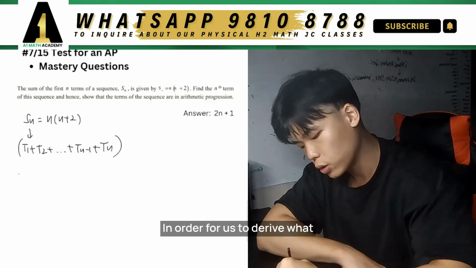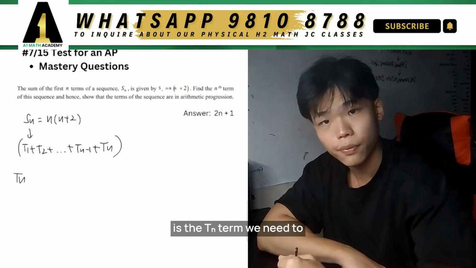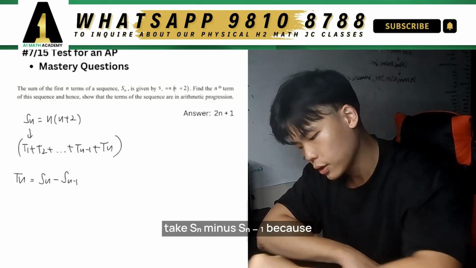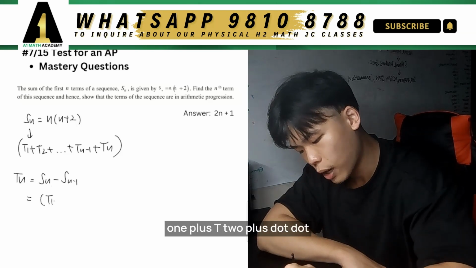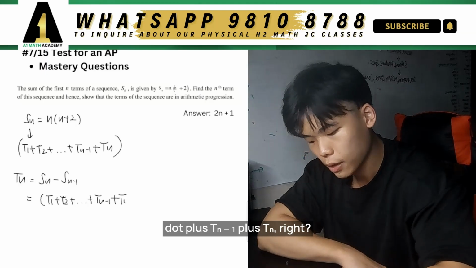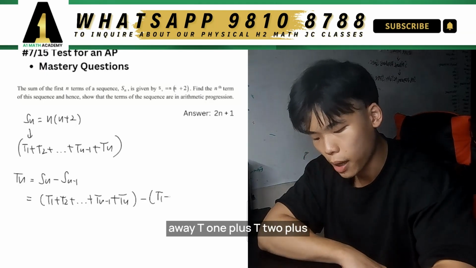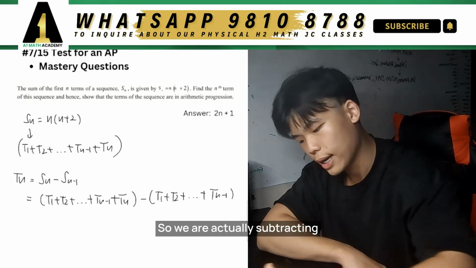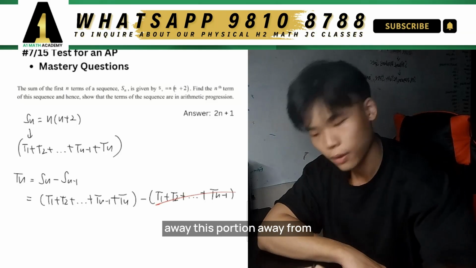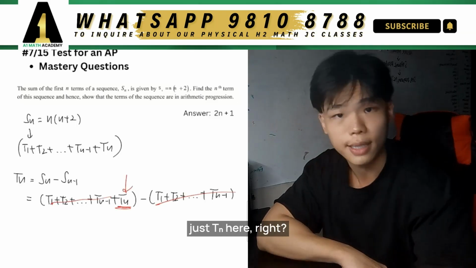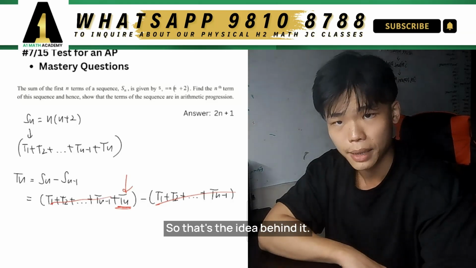So in order for us to derive the Tn term, we need to take Sn minus S(n minus 1), because this is T1 plus T2 plus ... plus Tn minus 1 plus Tn, and then we are subtracting away T1 plus T2 all the way until Tn minus 1. So what's left is just Tn. That's the idea behind it.